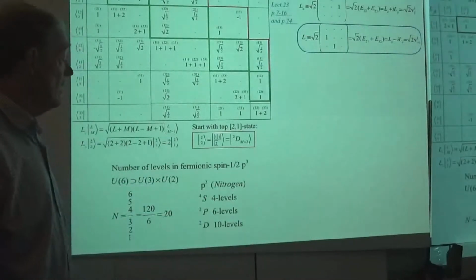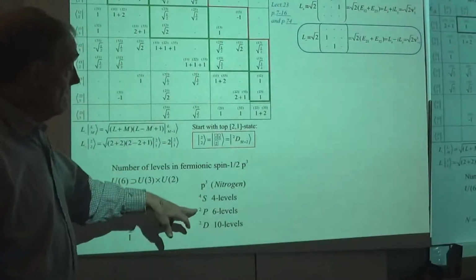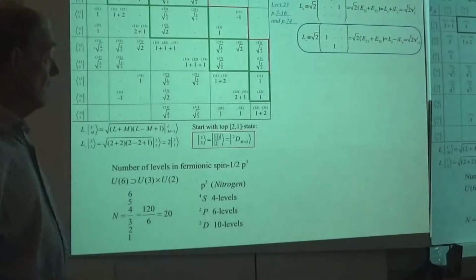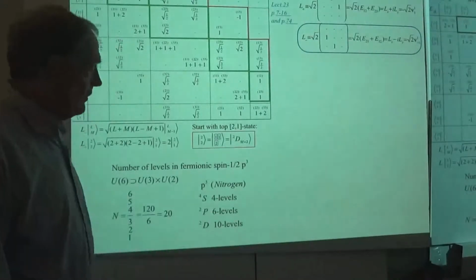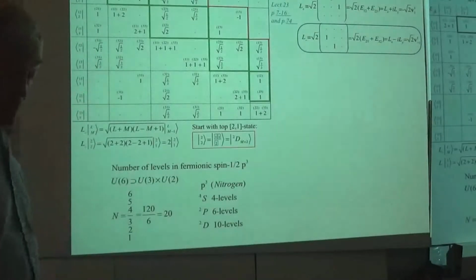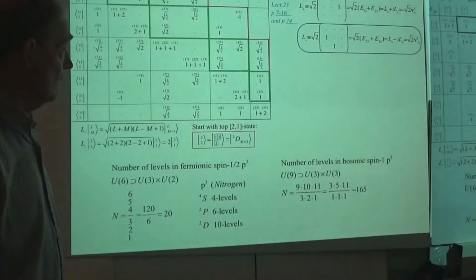That's 4 levels with no angular momentum, and we'll do that first today again. And then the doublet associated with the P level, that's 3 times 2, 6 levels, and then there are 10 levels associated with the doublets that have angular momentum 2, the D doublet. So that's a quick way to get it.